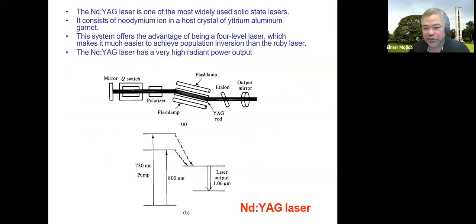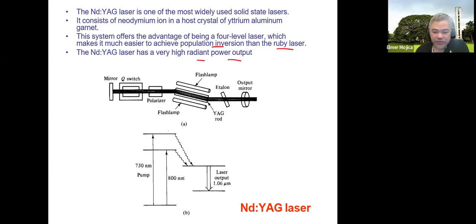So as you could see, all crystals use gems, right? Okay. So this Nd:YAG offers the advantage of a 4-level laser. Last time we had the 3-level and the 4-level laser. So it's much easier to achieve the population inversion compared to the ruby laser. And it has a very high radiant power output.